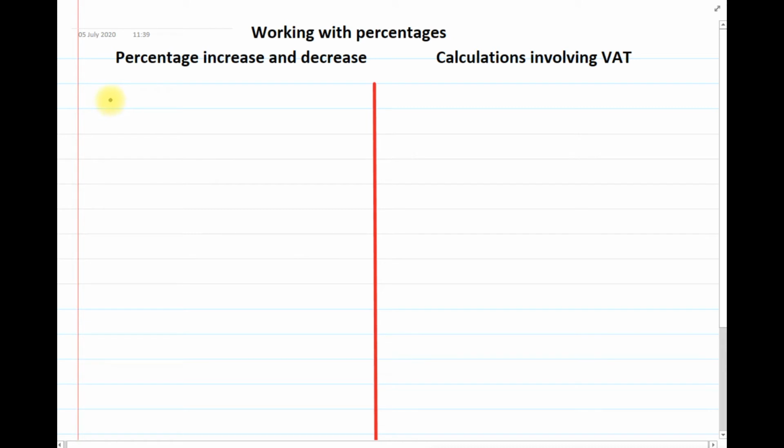Now, to deal with the percentage increase, we do exactly the same thing, except that instead of minusing the percentage, we add it.